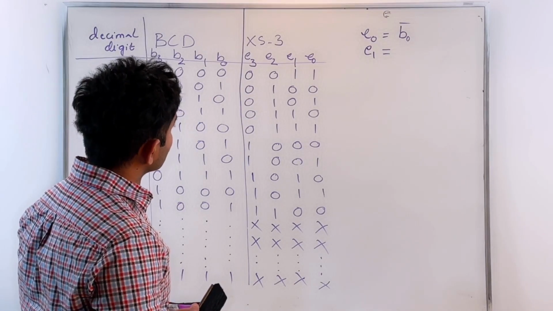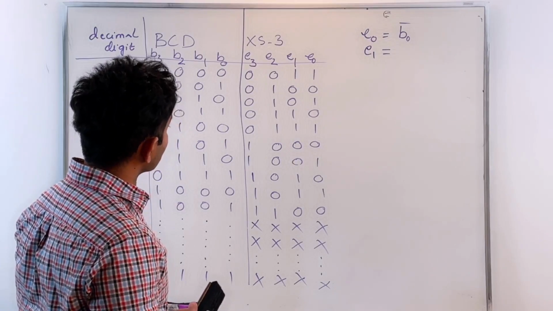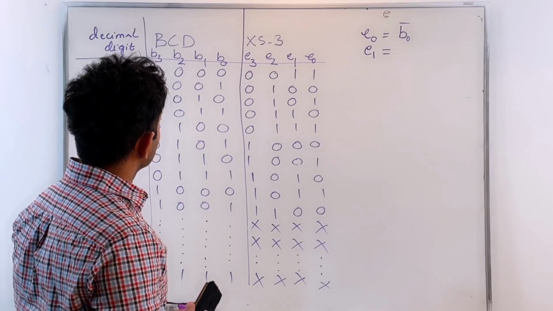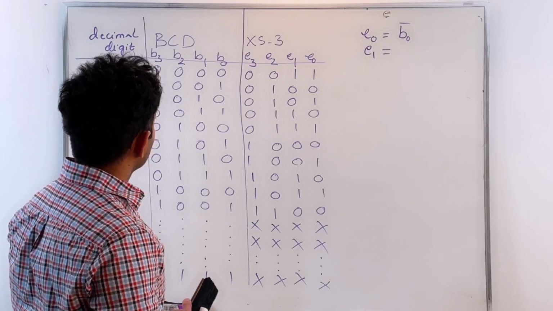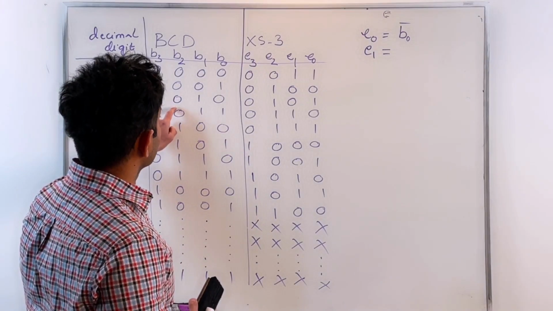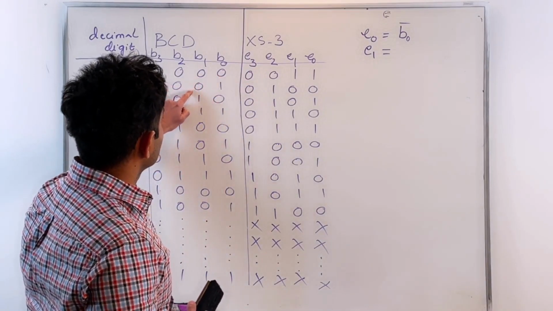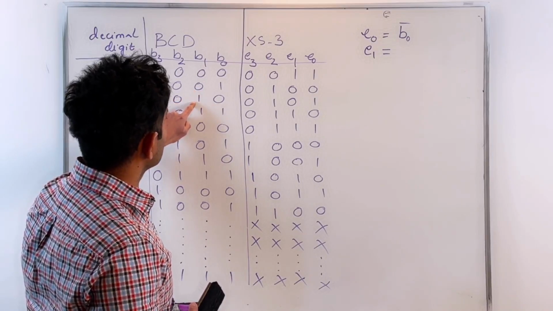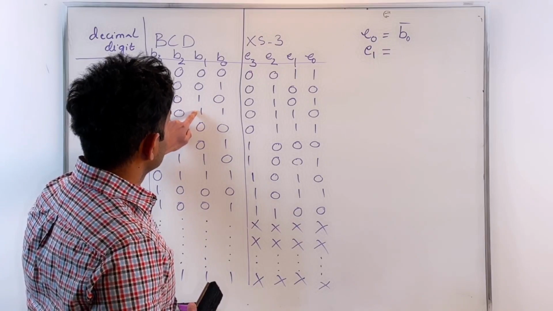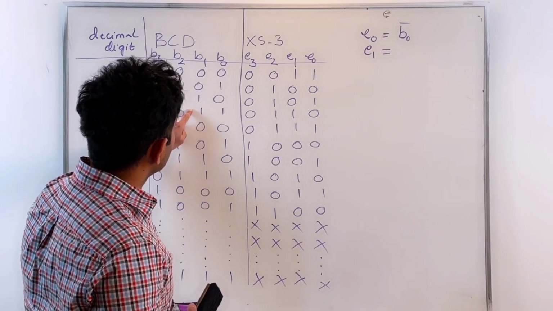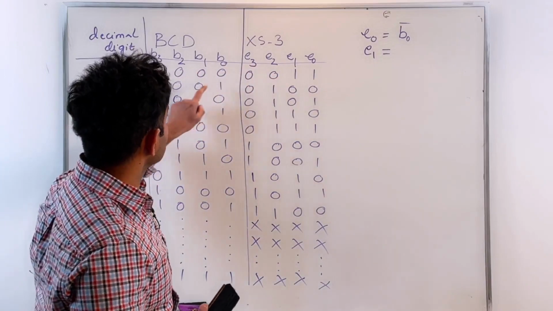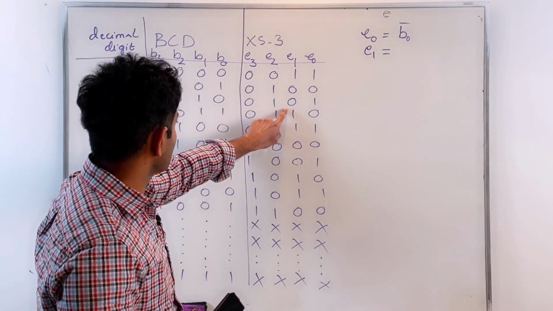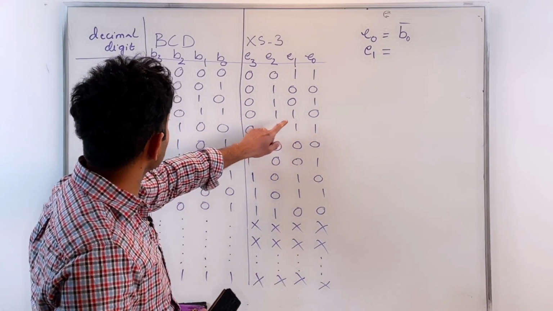So that's 1 0 0 1 1 0 0 1 1 0. B0 B1: 0 0 is 1, 0 1 is 0, 1 0 is 0, 1 1 is 1, so that's not going to work.